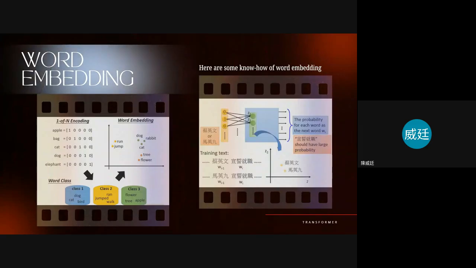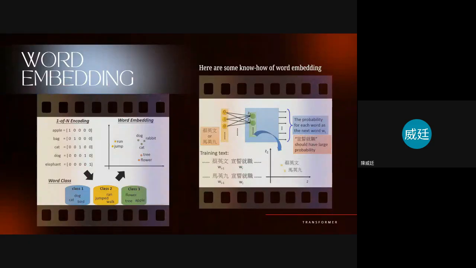For those who don't know word embedding, here is some background. These are words, right? Apple, bat, cat, dog, elephant. We sometimes use one-of-n encoding, the so-called one-hot encoding. But every word in one-hot encoding is equally far from every other word, so the model can't tell whether dog is closer to cat or closer to apple.